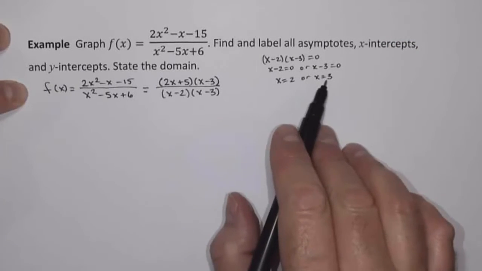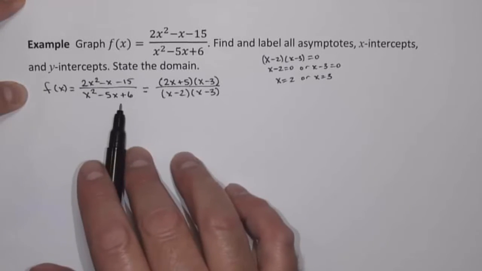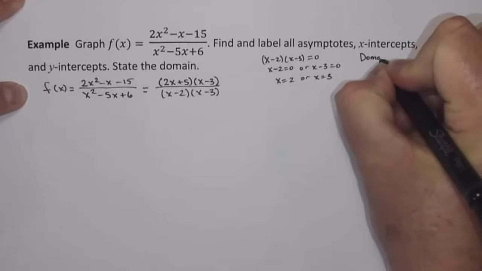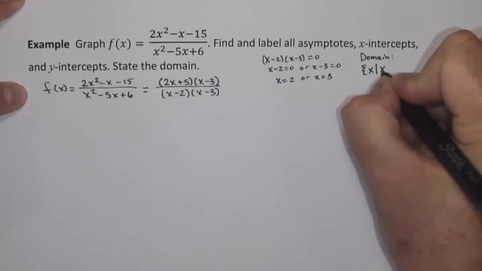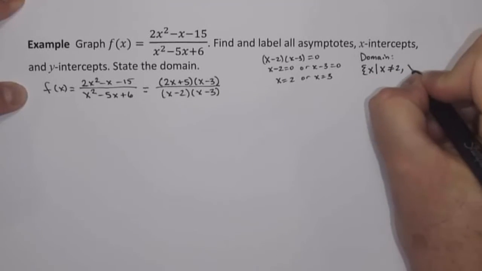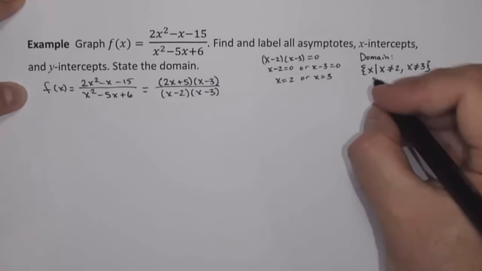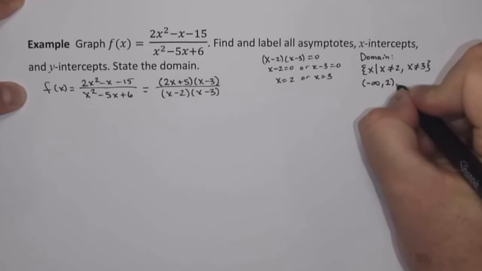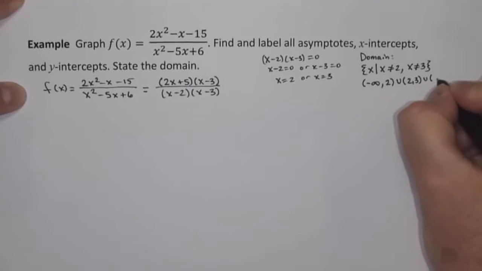So 2 or 3 is going to cause 0 in the denominator, so the domain will be all real numbers except 2 and 3. So our domain is going to be x such that x is not 2 and x is not 3. Or if we want to write that in interval notation, x can be anything from negative infinity to 2, union anything between 2 and 3, union anything from 3 to infinity.